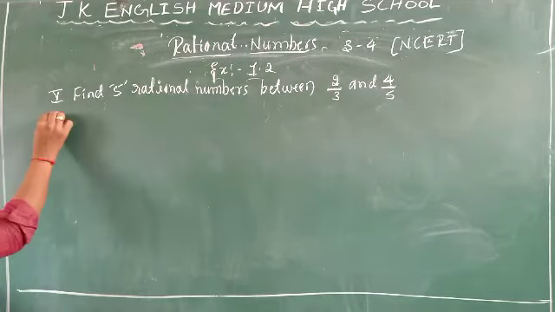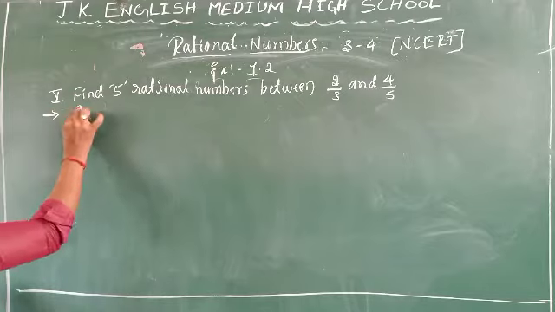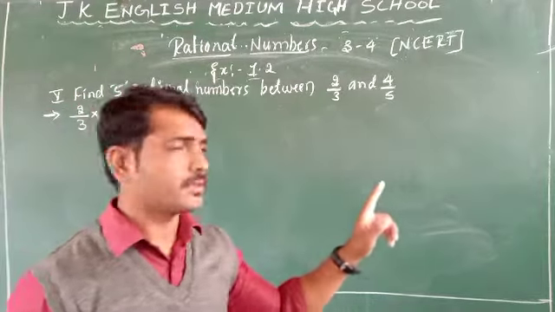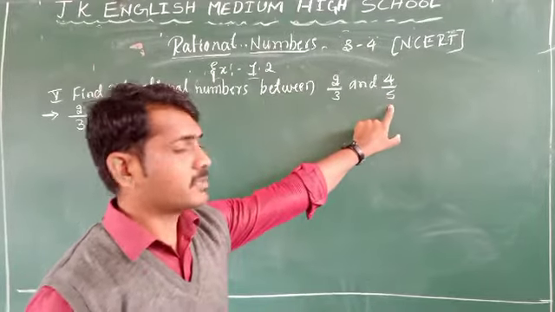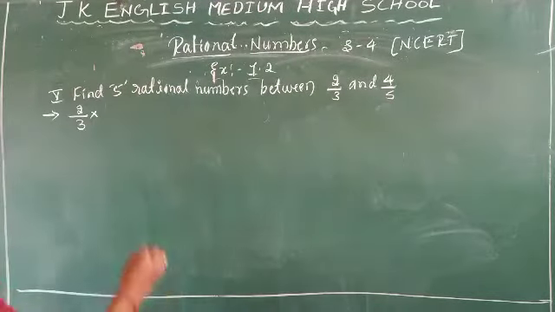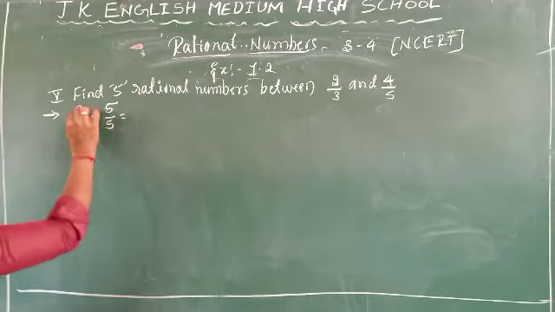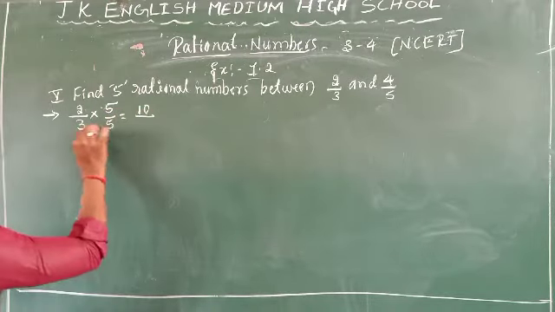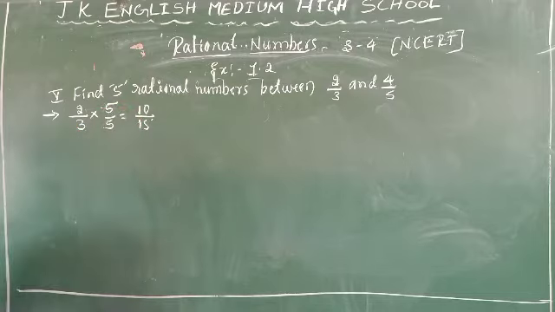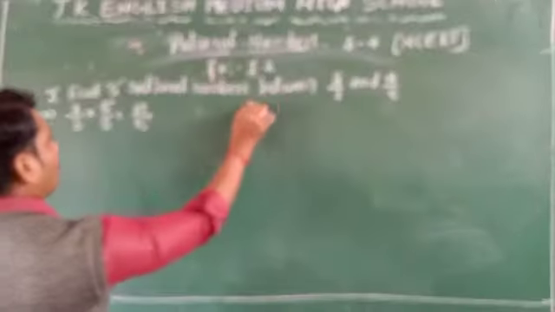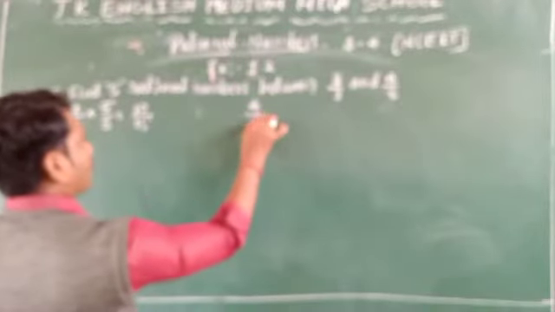What to do? First write 2 by 3. Then check this denominator. What is the denominator here? 5. So multiply by 5 and divide by 5. 2 5s are 10, 3 5s are 15. Now take that one, 4 by 5.